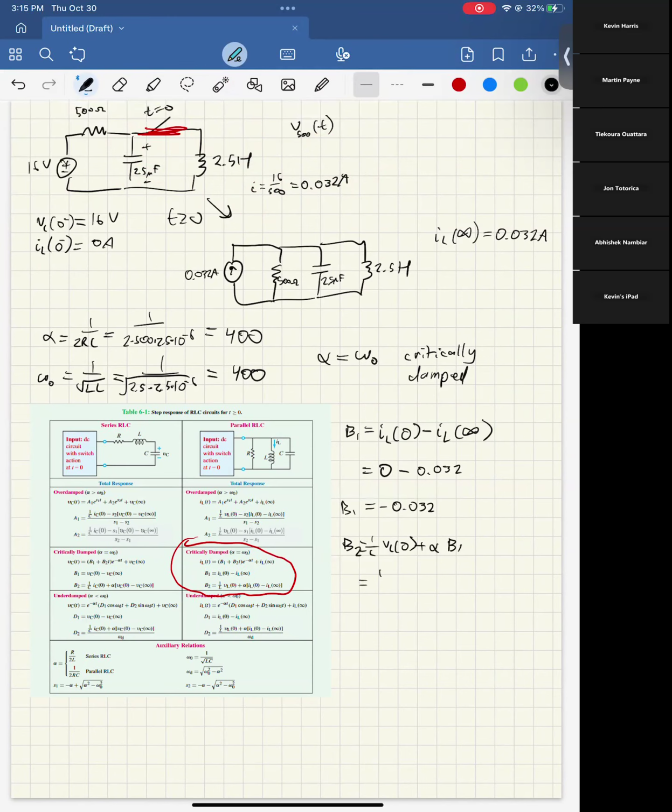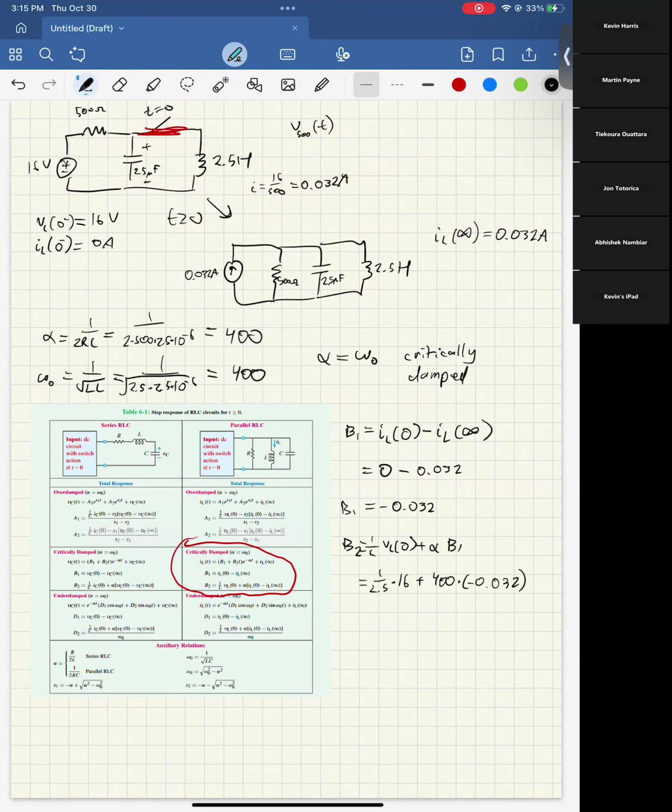And we know L, so 1 over 2.5 times 16 plus alpha, which we found to be 400, times negative 0.032, which we found in the previous part. And we end up getting negative 6.4. Cool. And now we can plug in our numbers. We can plug everything into that equation they have at the top there.